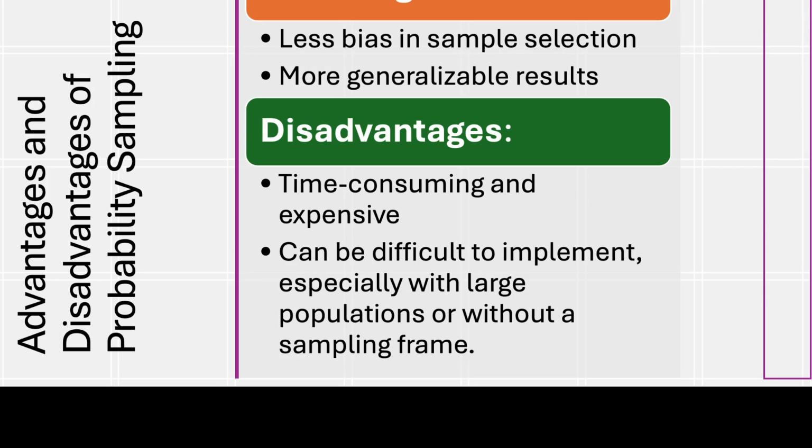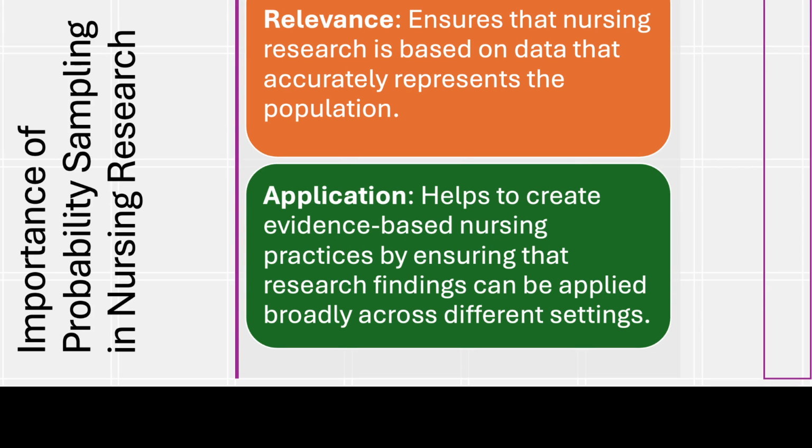So what is the importance of probability sampling in nursing? One of its relevances is that it ensures that nursing research is based on data that accurately represents the population. So we can really identify that the selection is based on the population, no, and we're not getting it from one way or another, compared to random sampling.